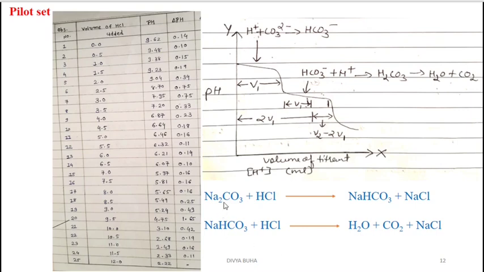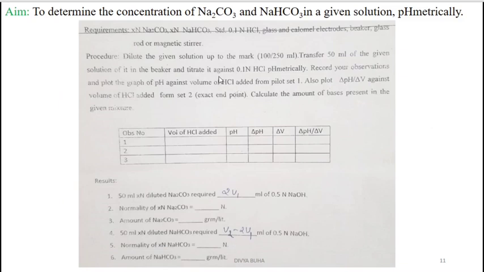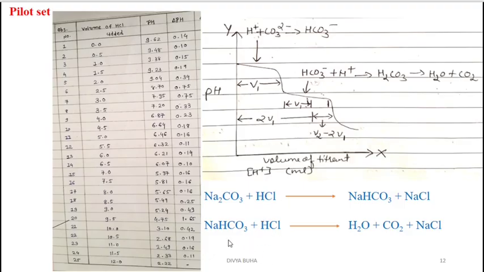The first one is obtained due to the half neutralization of Na2CO3. And another type of NaHCO3 would be the amount which you have already taken as your sample. Okay, because initially we take the sample of Na2CO3 plus NaHCO3. So both the types of NaHCO3 will be reacting with HCl to give you H2O plus CO2.